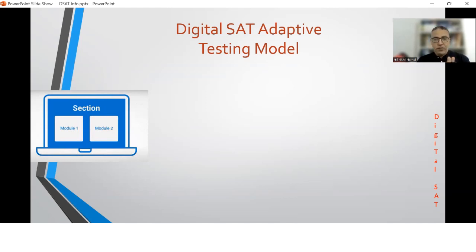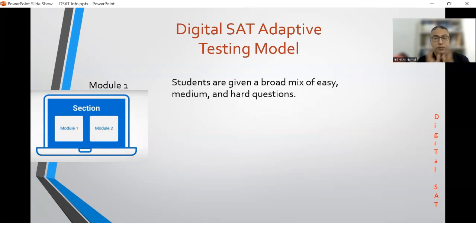I will do the first module. It will give me easy and average questions. And according to my response to this module, the second one will be adaptive to it. For example, if one of the students solved the 22 questions in the first module in math, very good, perfect, the test will give him a difficult question in the second.